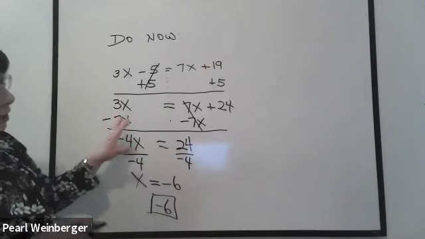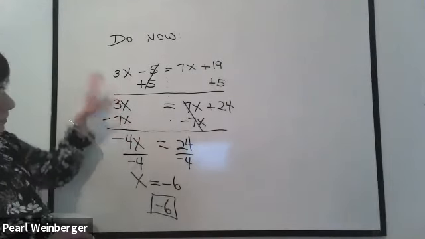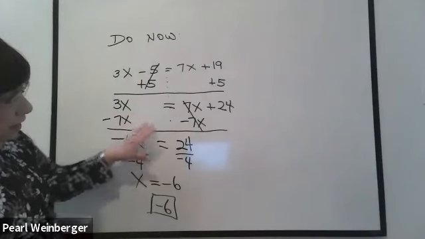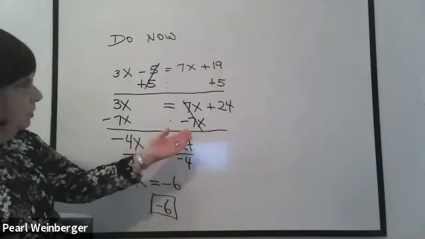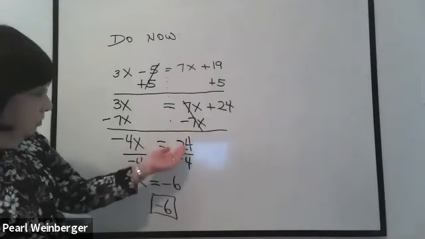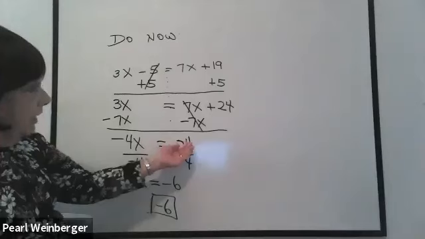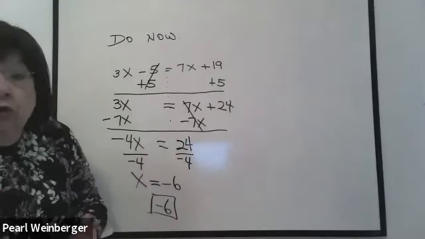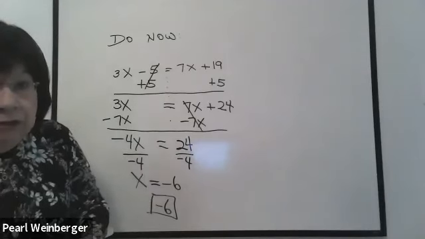What you're being left with is nothing on this side, which really means zero on this side. And on this side, you were left with a 4x and a 24. Now, you can't be left with nothing on one side.